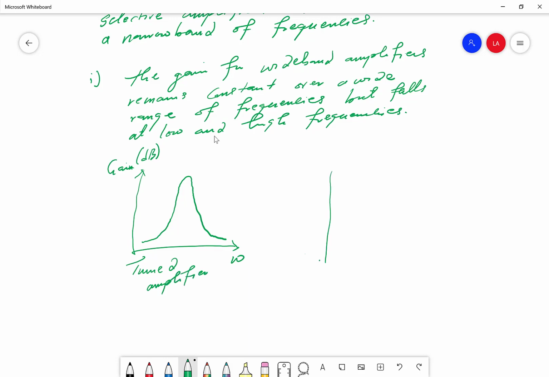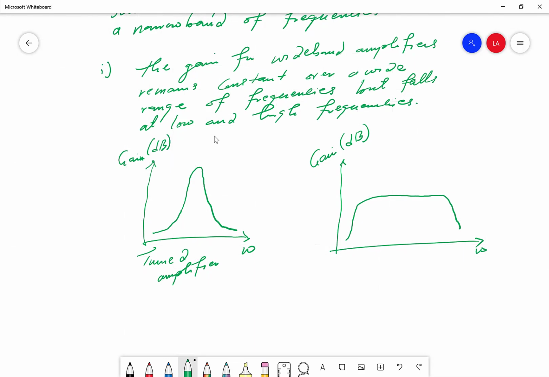And then we have, for the wideband amplifier, the frequency response. So this is also gain in dB. And then for this, what you would normally have is something like this. For the tuned amplifier, you realize that the center frequency is usually somewhere here. That is where you have the center frequency or the resonance frequency.